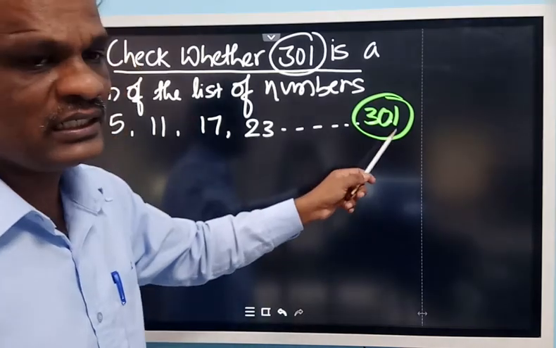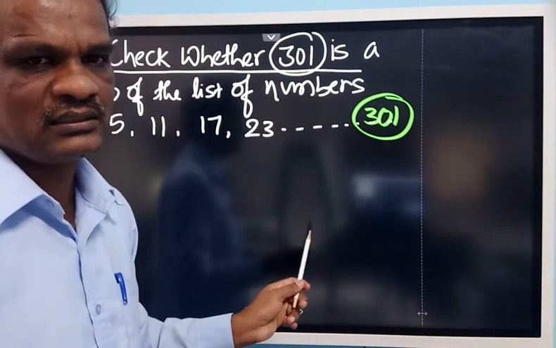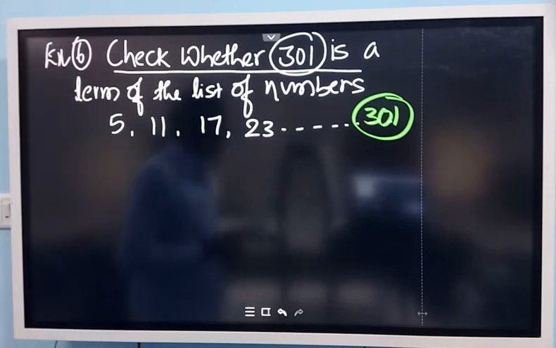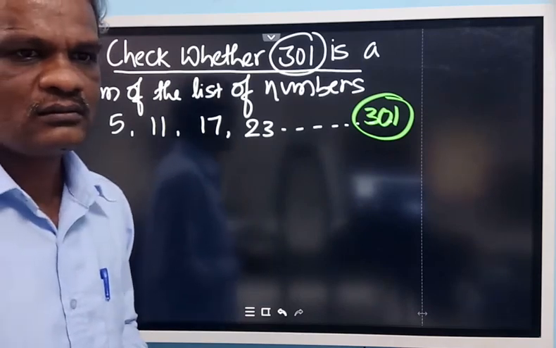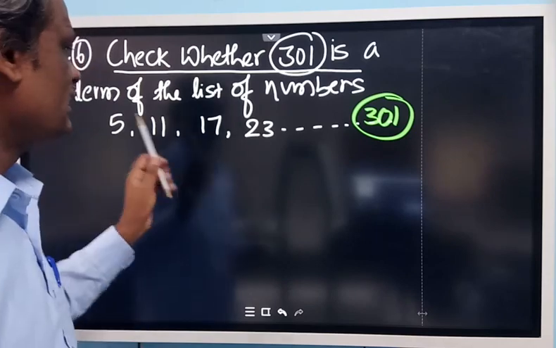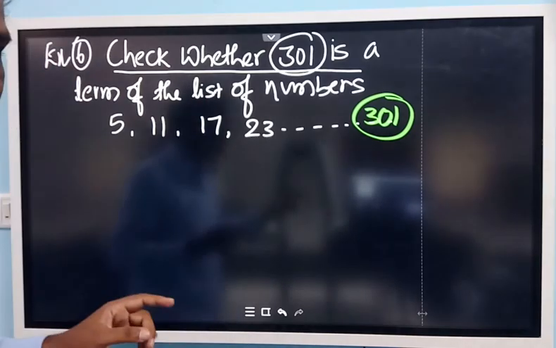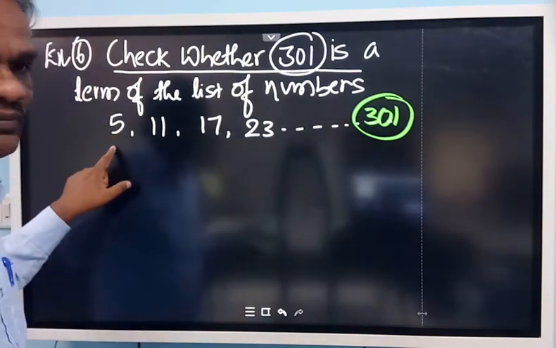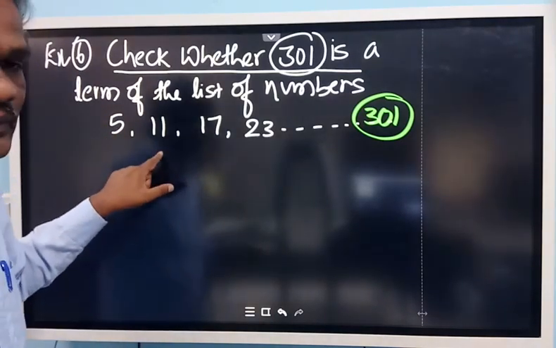To find out whether 301 is there in the list or not, what we have to do? We have to find out the value of n. If n is a natural number, for example, if I take n equal to 1, then definitely the first number will be 5. Second means it will be 11.